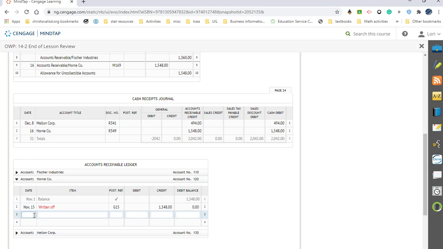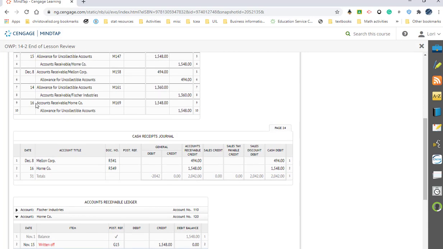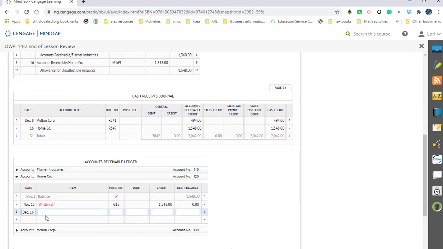Next, we need to move the money back into their account to reopen the account on December 8th. No, December 16th. That was for Horn Company. Yeah, Horn Company was 16th.